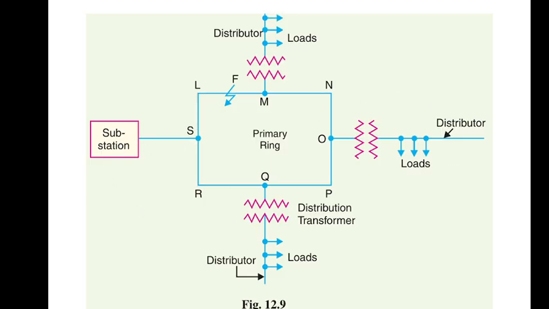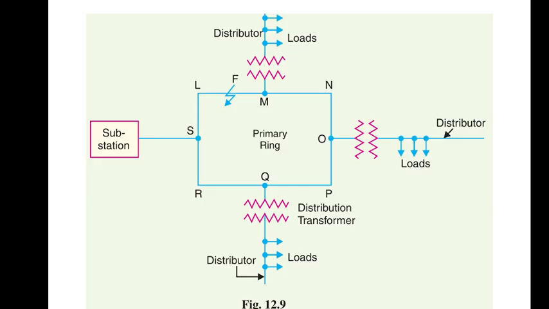So this slide is showing a primary ring distribution system, a reliable method commonly used in electrical power distribution networks. In this configuration, power is supplied from a substation into a closed loop or ring feeder that connects multiple load points through distributors and distribution transformers.